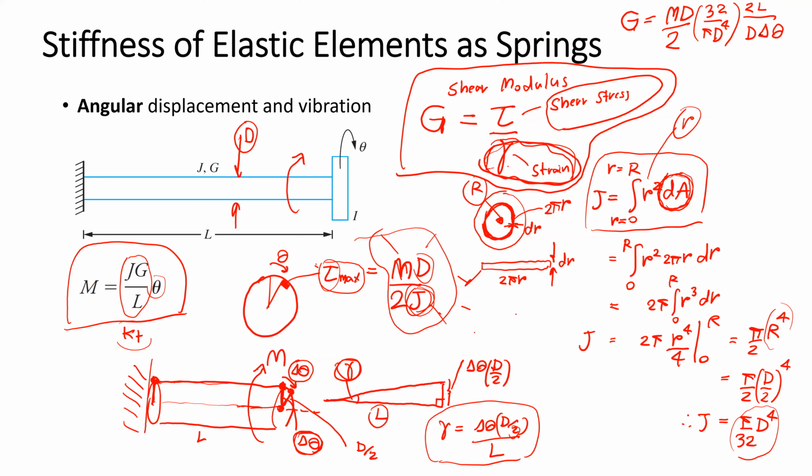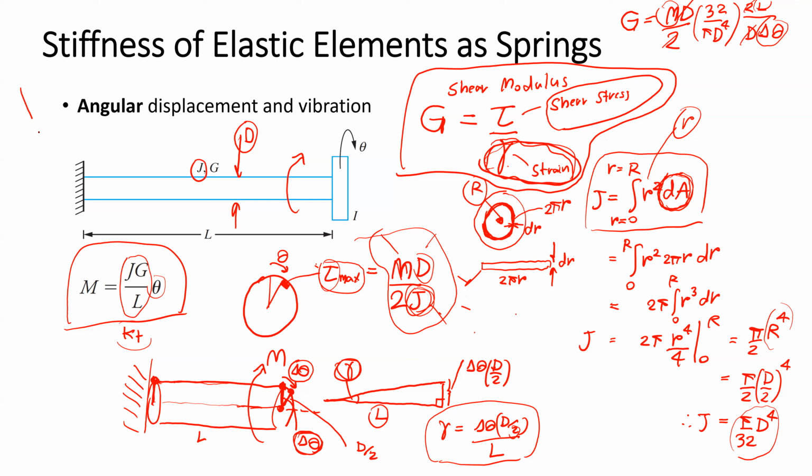So we have d cancel, 2 cancel, and we have the delta theta here. We have the moment, and we have the terms for the length. Here they didn't derive the J. They leave it in the form of the J.